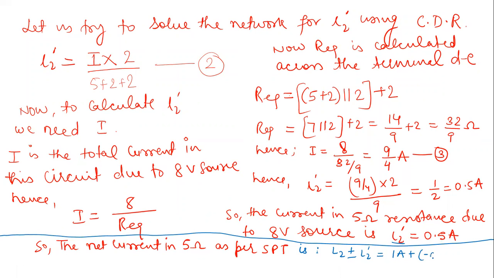So we will take it as minus 0.5 because it is opposing the standard direction which was assumed by us. So it is equal to 0.5 ampere. Now this is how we can find out the current through any branch using superposition theorem.